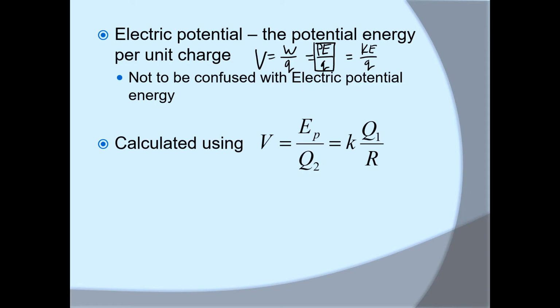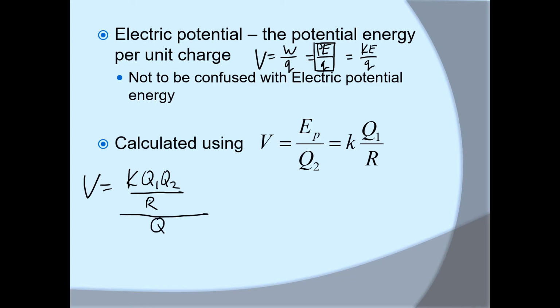Now, when we think about it this way, and we talk about the energy per charge, and we take the electric potential energy equation and put it into here, we get the following. So electric potential energy was K Q1 Q2 over R. And we're going to divide this by one of the Q's.